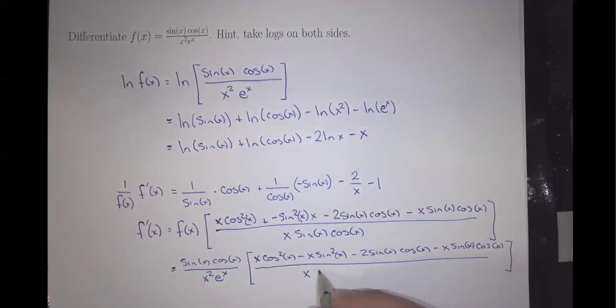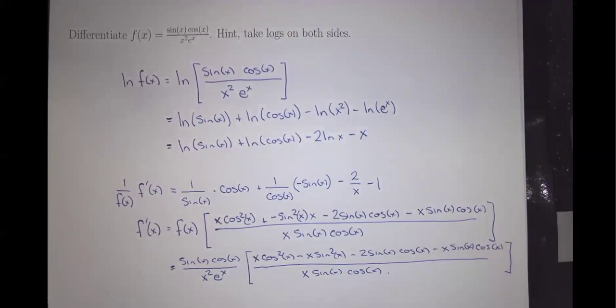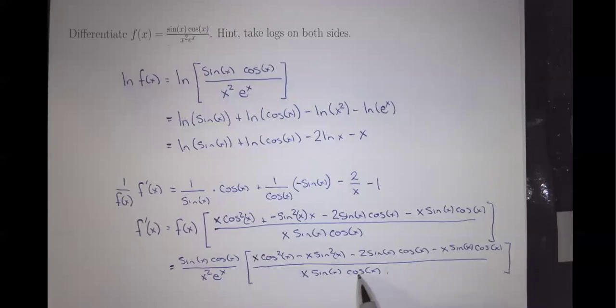And it's divided by x sine x cosine x. So where this does get a little bit simpler is that I've got a sine x and a cosine x that can cancel here and here. My x squared times x becomes an x cubed.